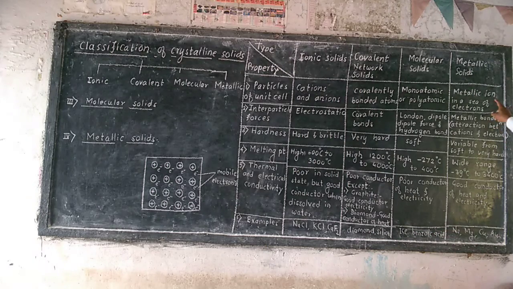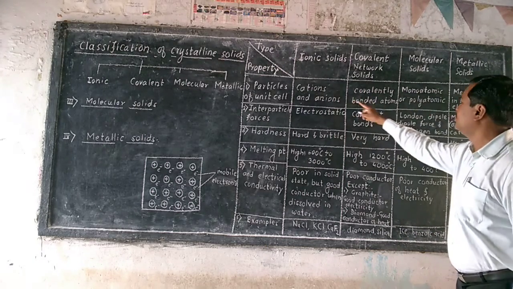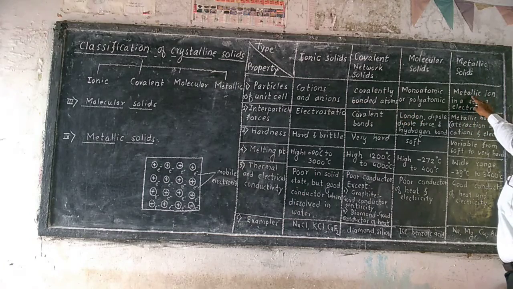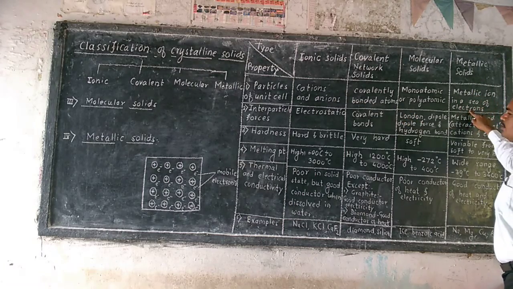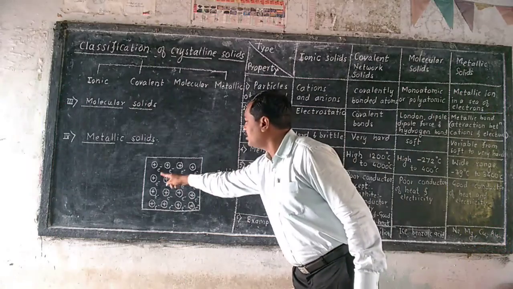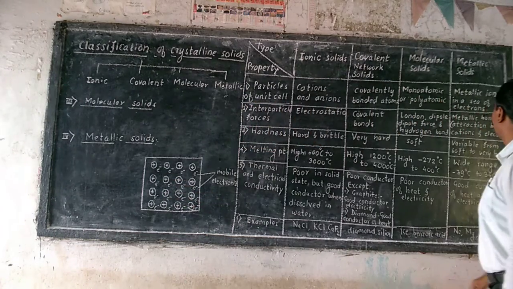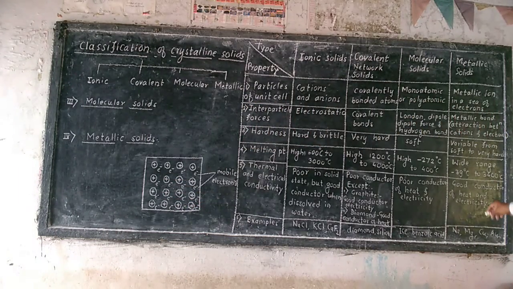Then metallic solids. Metallic solids in unit cells are metallic ions in the sea of electrons. Then interparticle forces, metallic bond. There is force of attraction between cations and electrons. And they are variable from soft to very hard.